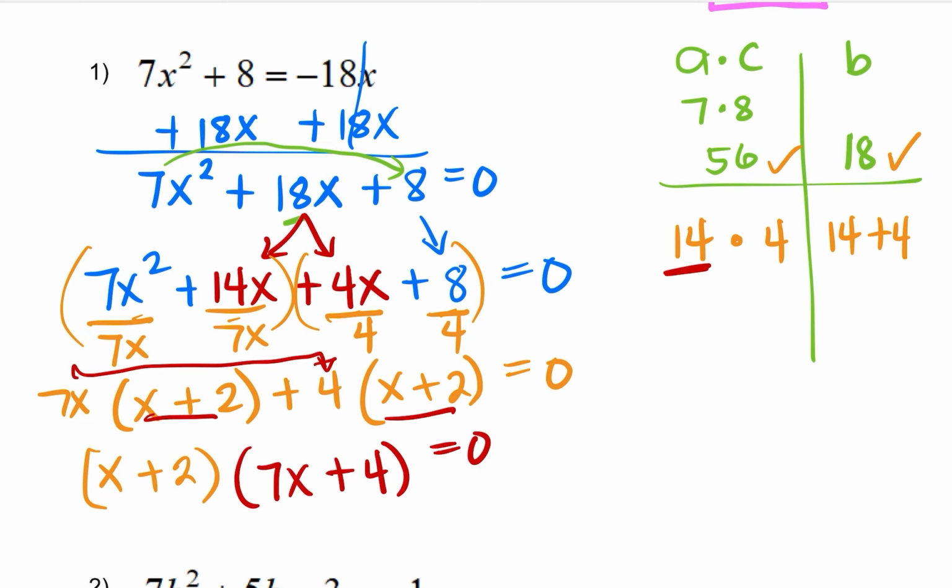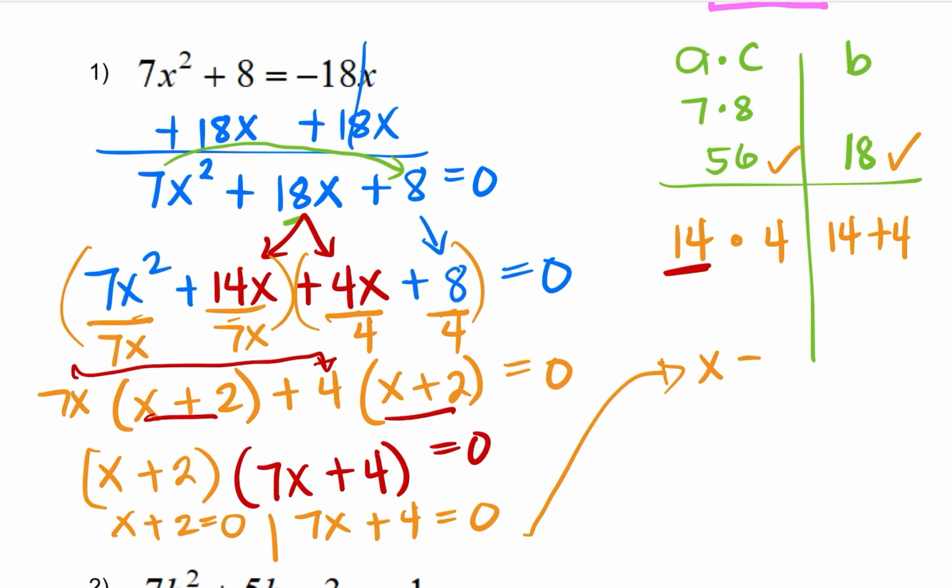Then isolating x by itself, I would do x plus 2 equals 0, and then 7x plus 4 equals 0. So I am going to bring this over to the other side. One answer is going to be x equals negative 2, taking the inverse. The other one is 7x plus 4 equals 0.